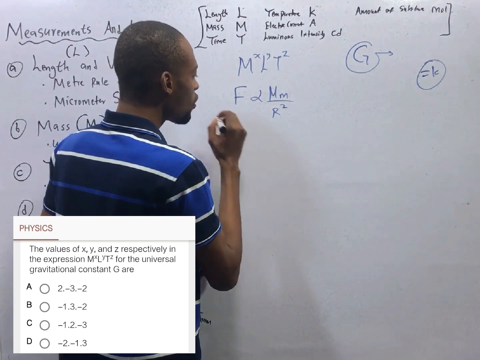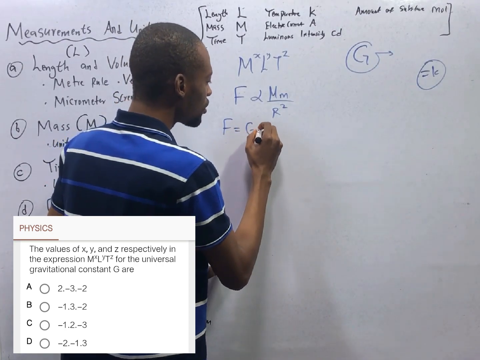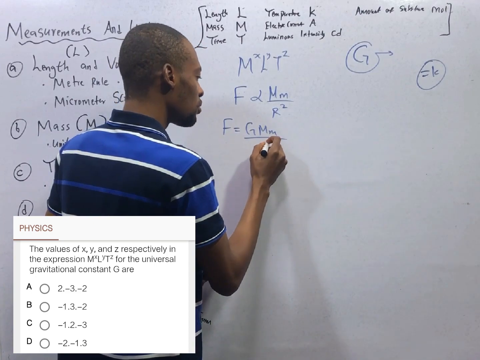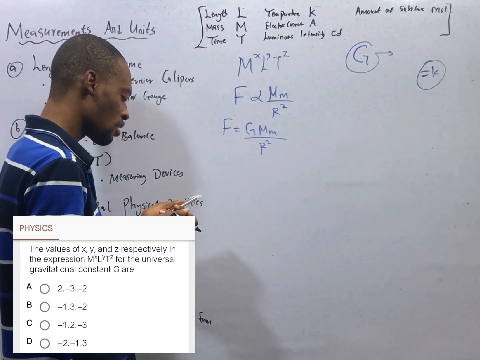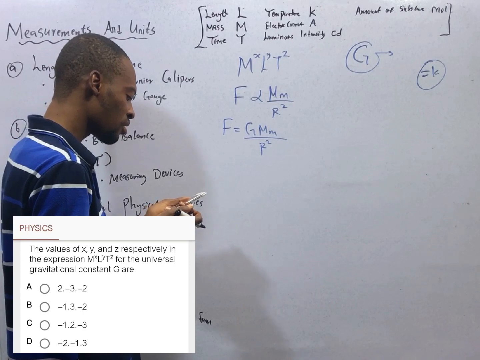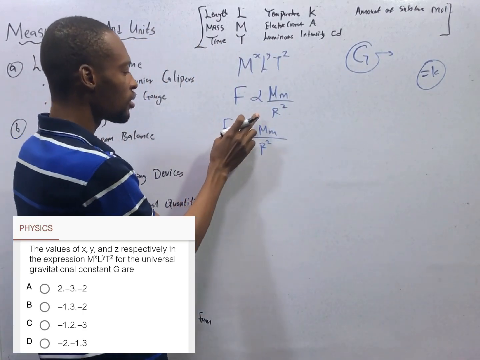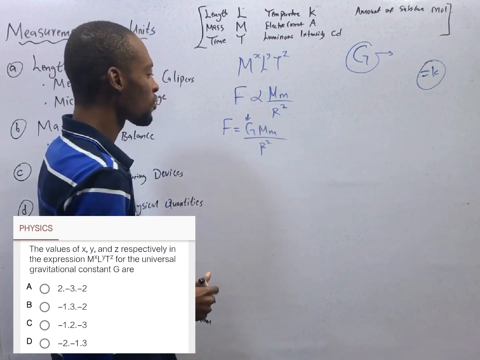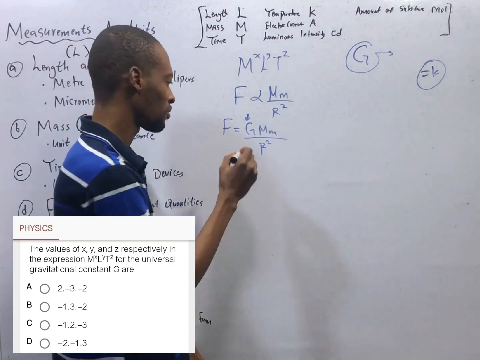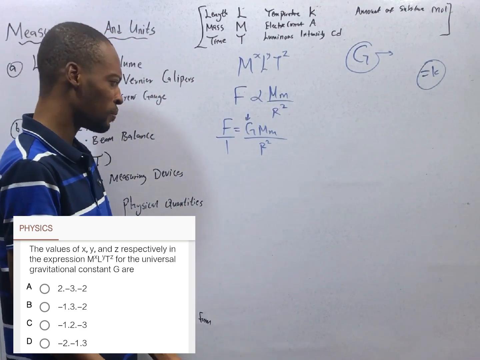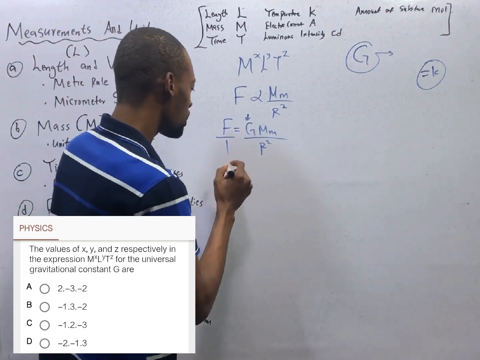So F equals big G, big M, small m, or M1 M2 over r squared. But we are looking for the gravitational constant to be the subject of the formula. This is what we are looking for, big G. We make it the subject of the formula. This is the same thing as over 1. When you cross multiply, you have F times r squared.